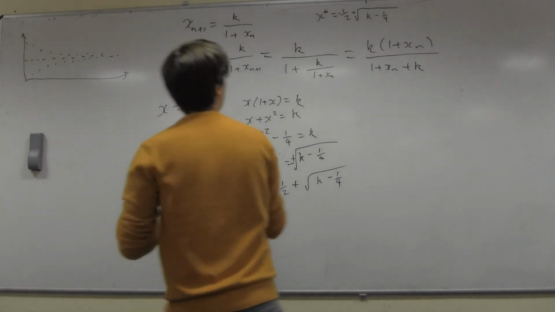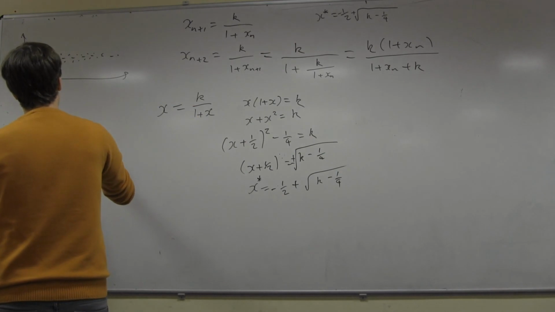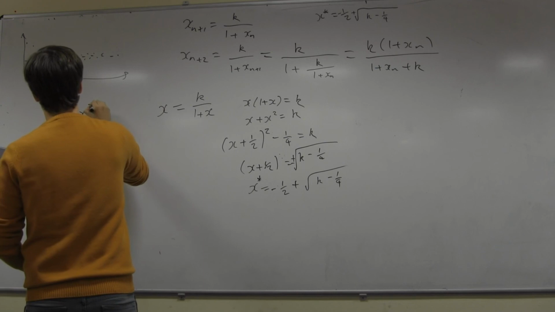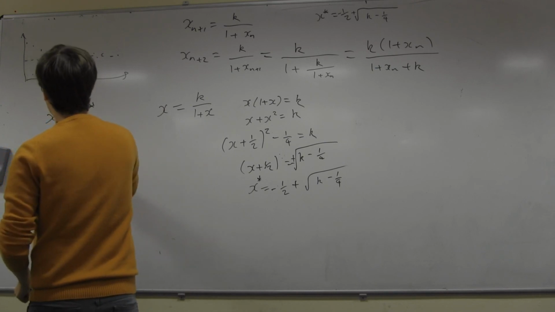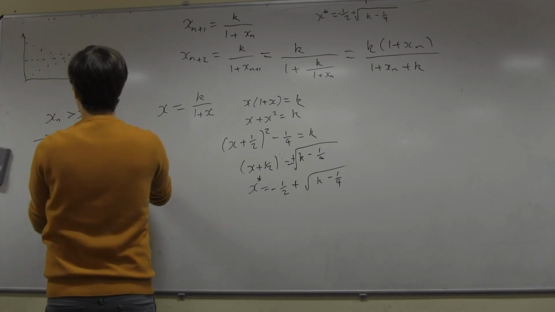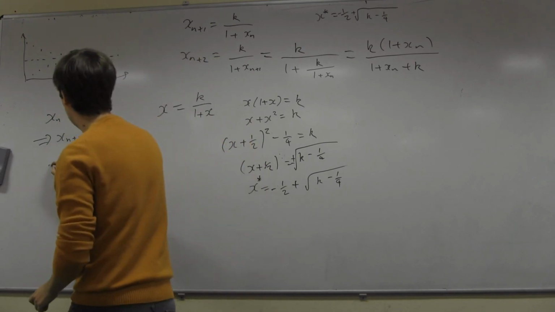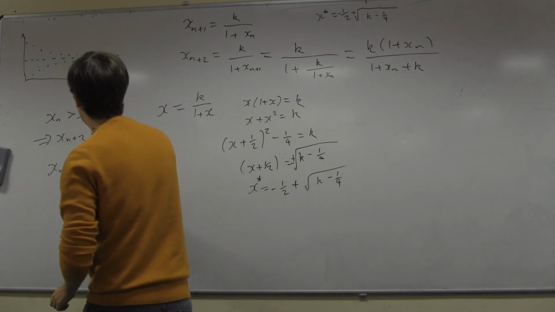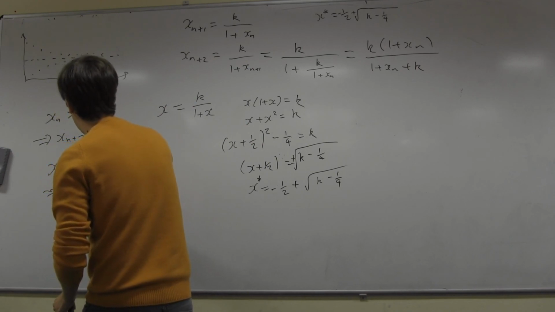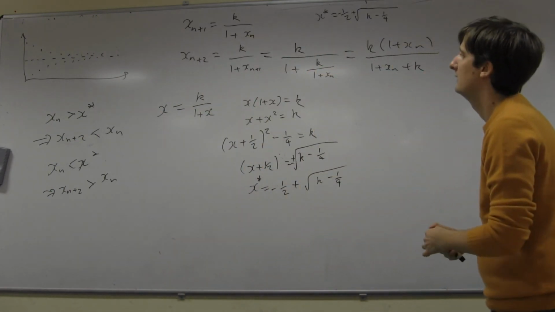So we're going to show that if xn is bigger than x star, that implies xn plus 2 is less than xn. And we want to prove that xn less than x star implies xn plus 2 greater than xn. Does that make sense?